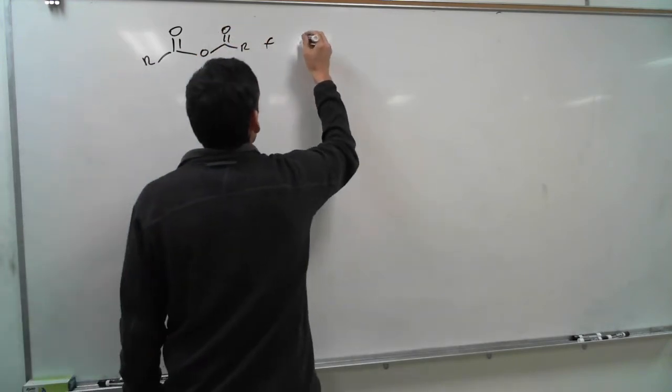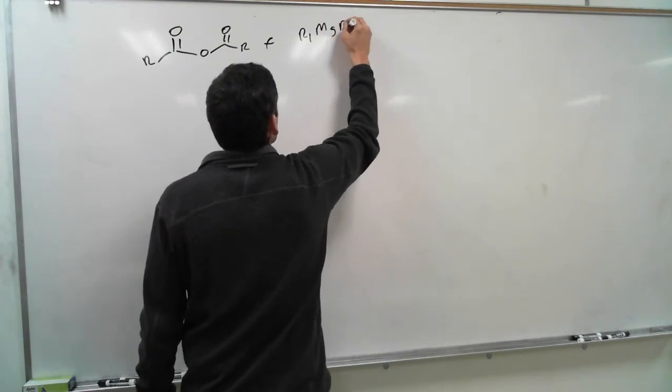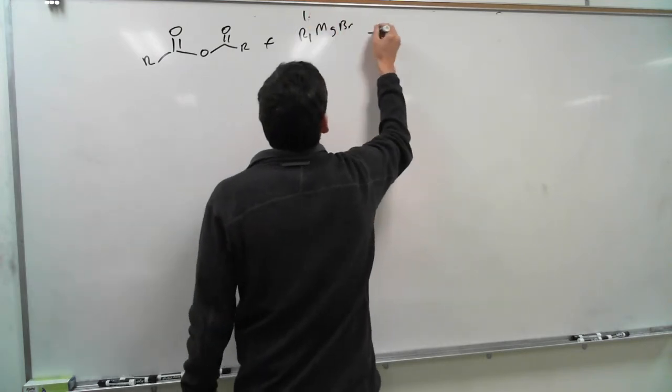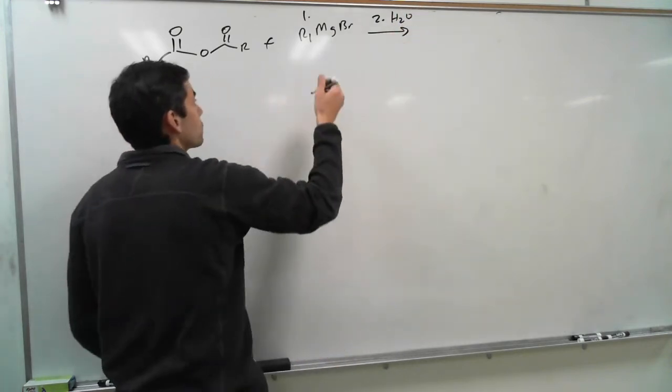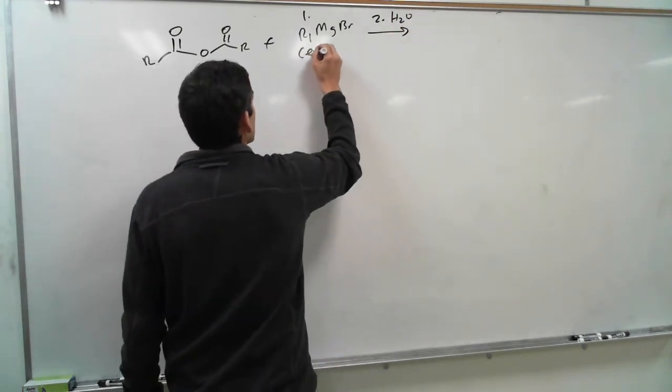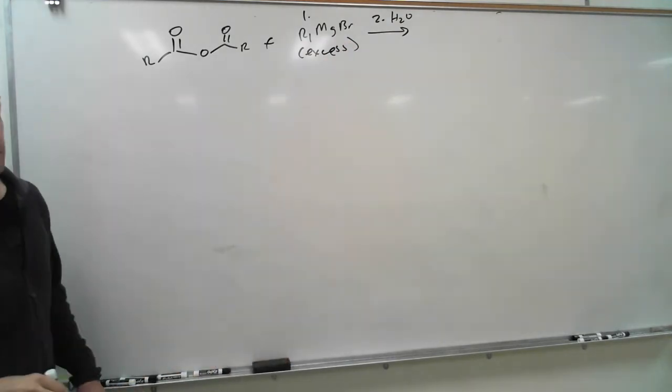So what happens if I react it with a Grignard reagent? Again, as before, we have water as the second step. This will be in excess. These reactions are usually in excess, right?